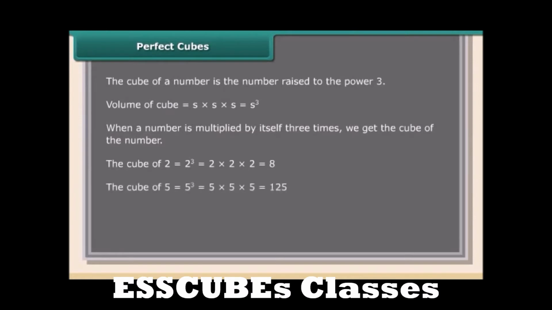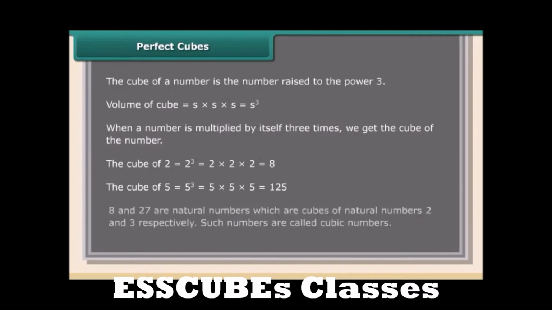The cube of 5 is equal to 5 cube, which is equal to 5 into 5 into 5, which is equal to 125. 8 and 27 are natural numbers, which are cubes of natural numbers 2 and 3 respectively. Such numbers are called cubic numbers.